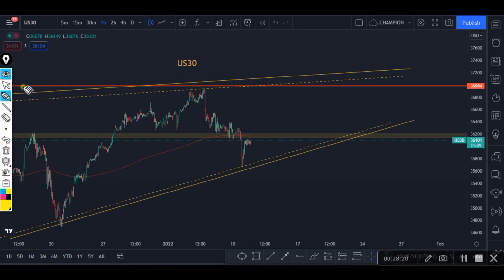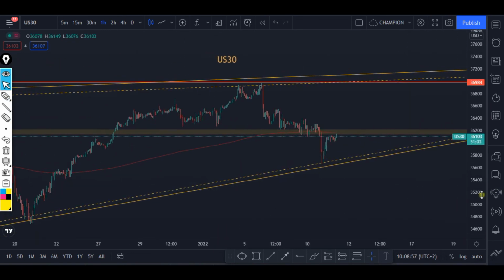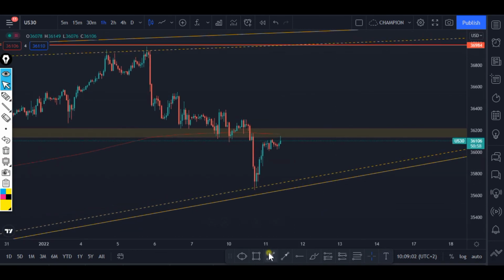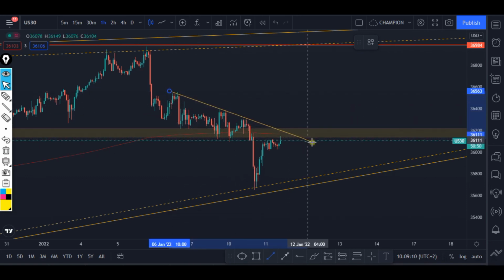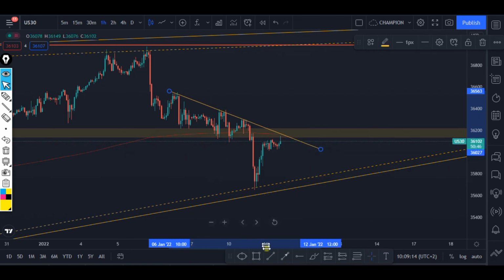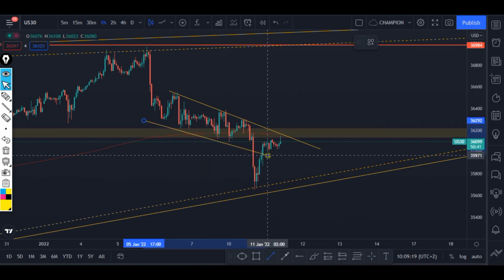So let me show you something when it comes to the candlesticks. Let's go to our trend line to create this structure to be able to see what will happen today.